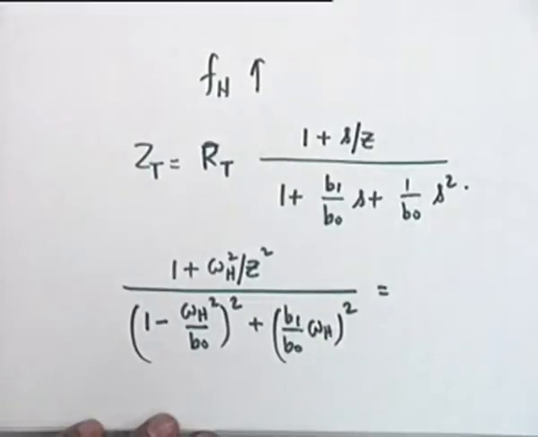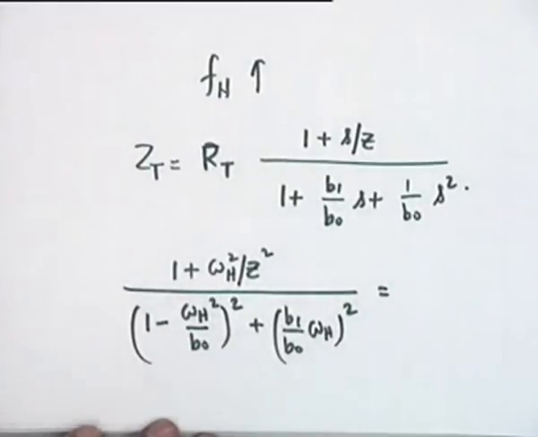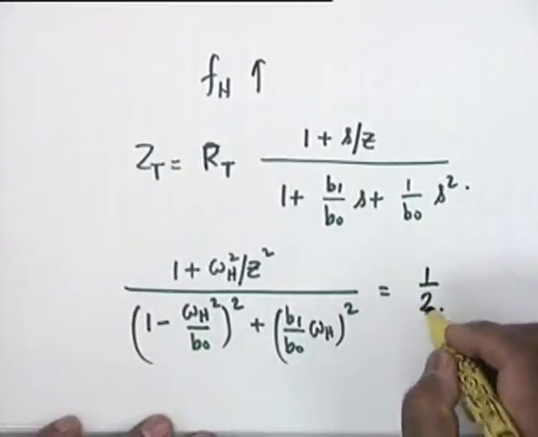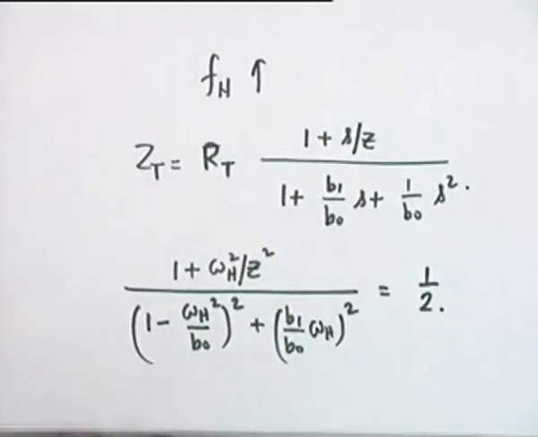This should be equal to? Half. That's right. Because the mid-band gain has been taken away, and the magnitude should be 1 by root 2, so the magnitude squared should be equal to half.